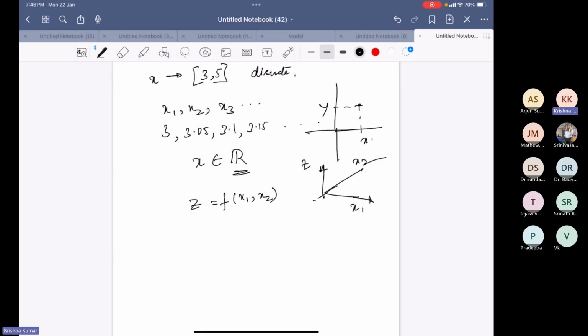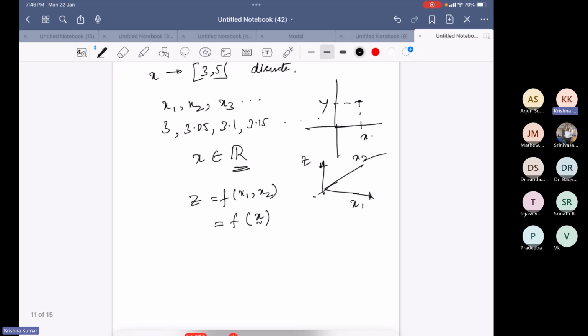But I've always seen in mathematics, people are lazy to write. So I don't want to say x1 and x2. I will write this as f of x in bold letter, as in textbooks, or with an underscore. Then that underscore x is actually 2 values, x1 and x2.